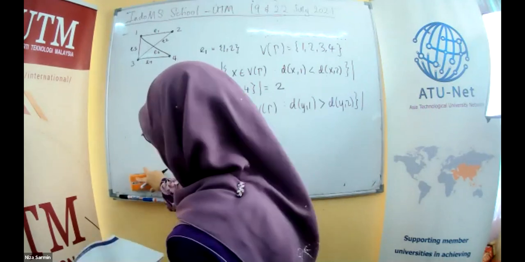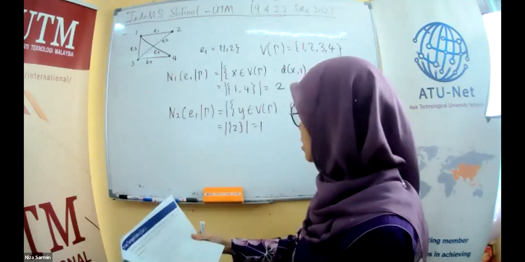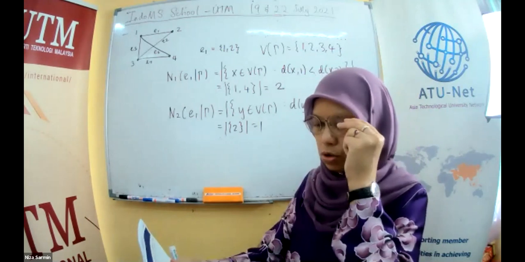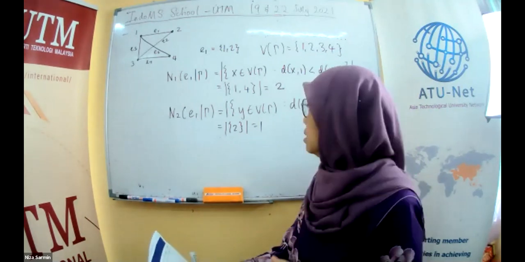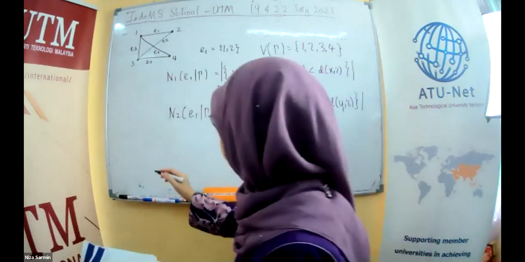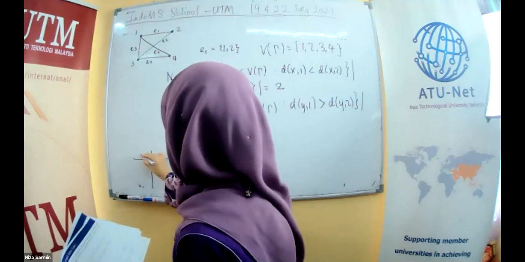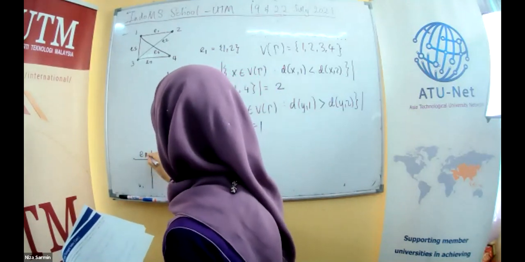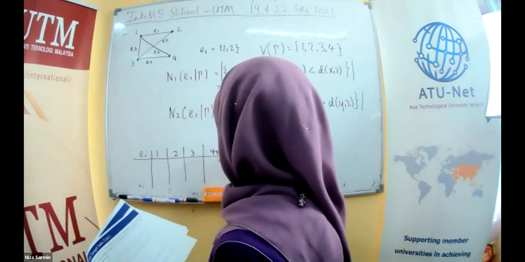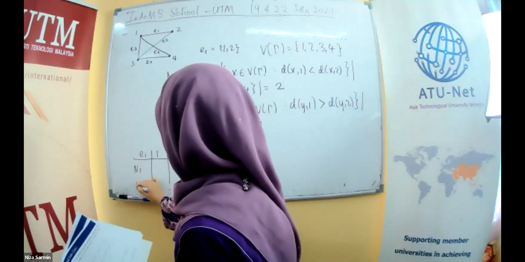Okay, so for this one, if you calculate that for all of the edges, you will get, as given in my notes, that the number here is 2, 1. For E2, it's 1, 2. So for Ei, 1, 2, 3, 4, 5, you have N1 and N2.